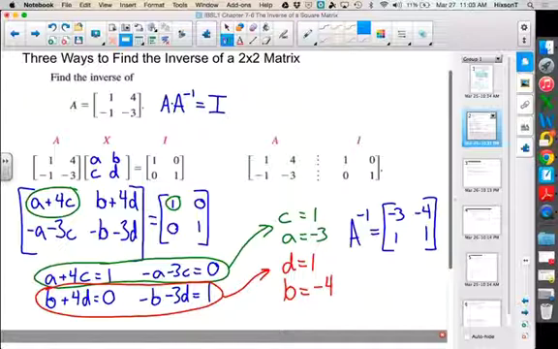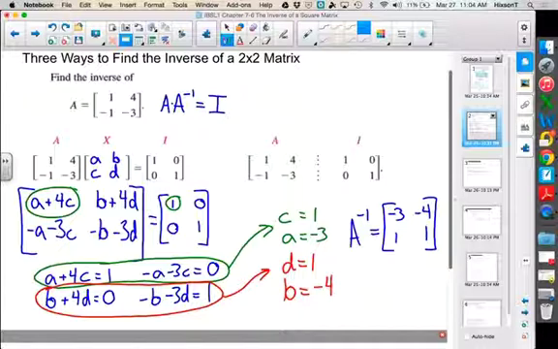That's what makes it the inverse. So using that property, I set up this equation, okay? A times some matrix has to be the identity. So what would that matrix have to be? That's why I put in the A, B, C, D, and we could then get a system of equations, okay?